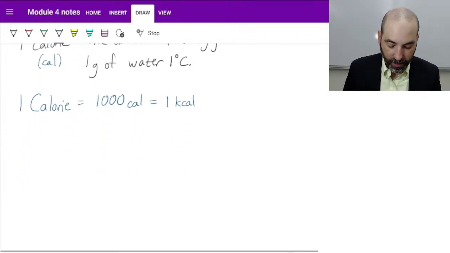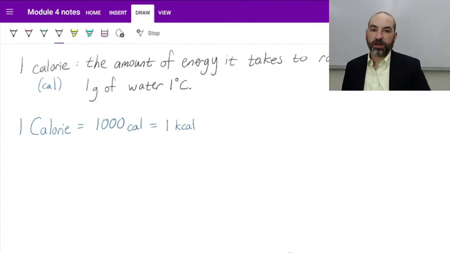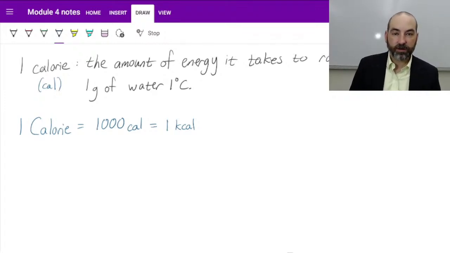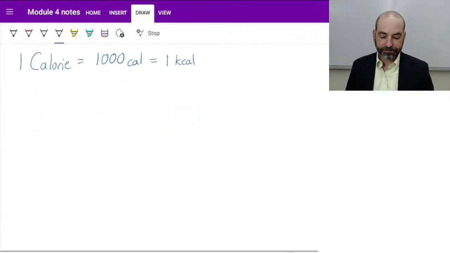All right. So if a calorie is the amount of energy it takes to raise 1 gram of water 1 degree C, that gives us a really convenient way of measuring how much energy something gives off. If something gives off energy, and that energy is used to heat up some water, we can measure the starting temperature and the ending temperature of the water and figure out how much energy it took to make that change.